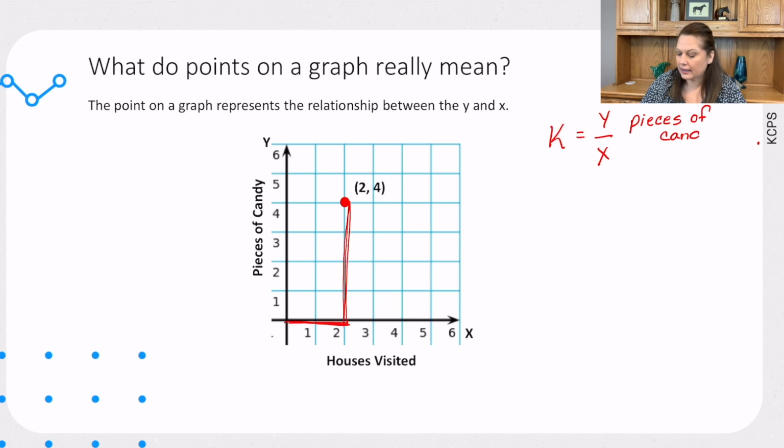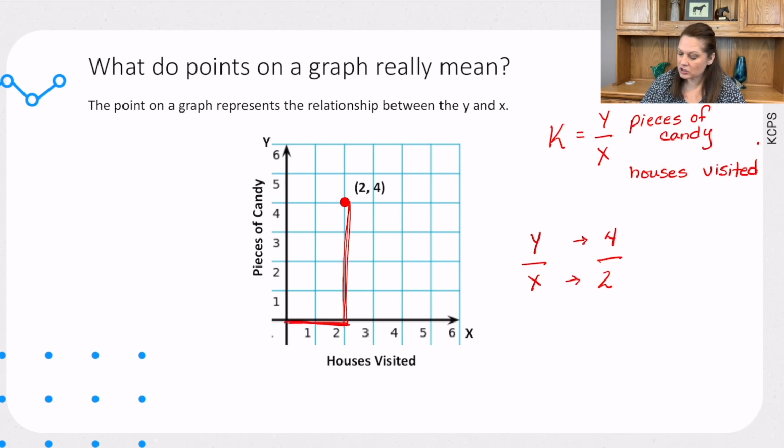The y, if you look at its label, is going to be the houses visited, or the number of houses visited. So when we take that and plug in our numbers, y over x, we're going to say that's 4 pieces of candy, and we're going to visit 2 houses.